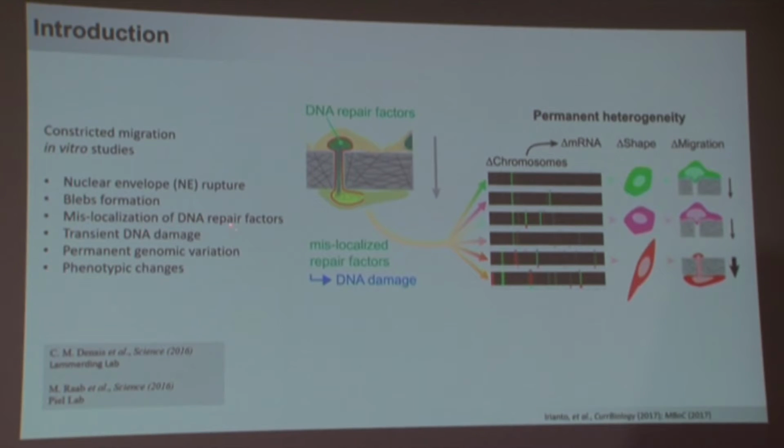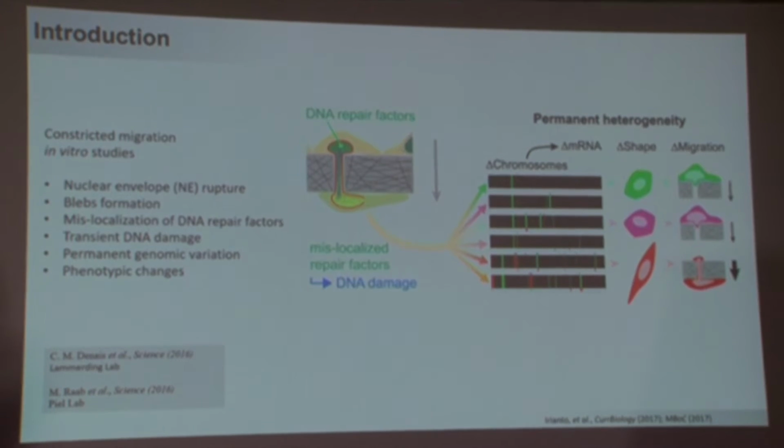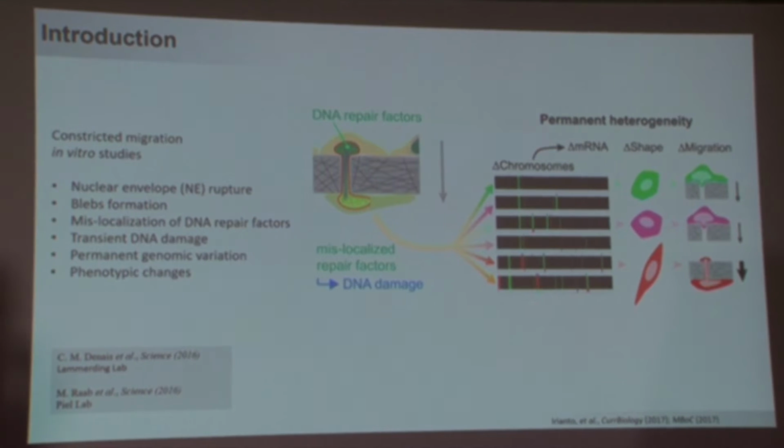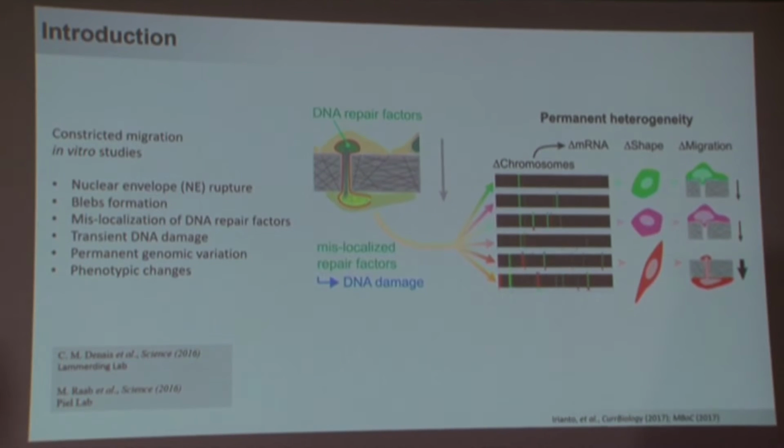There's mislocalization of the DNA repair factors, and you can think in this very simplified way that if you have a sponge and that's your chromatin and you squeeze it, then your repair factors are the water, it's just expelled out, and they segregate, which can lead to transient DNA damage.